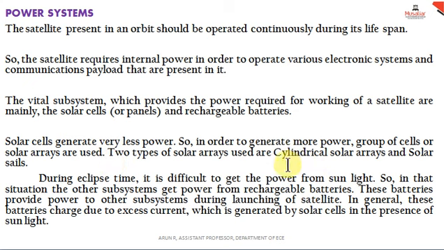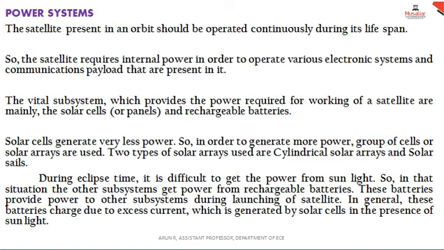The main point is that in order to function, a satellite must have some power source, and this is included in the power system. Coming to the antenna subsystem, the antennas of a satellite communication can be classified into earth station antennas and satellite or spacecraft antennas.